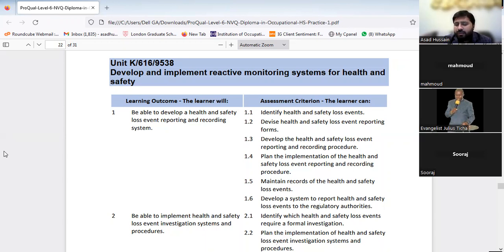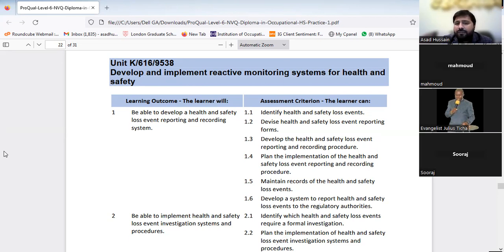The second one is 1.2, devise a health and safety loss event reporting form. The evidence and the explanation will remain the same, but you have to explain according to this, because here it is specifically asking for reporting forms.